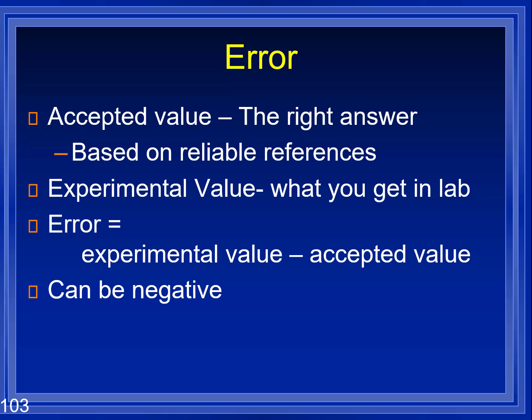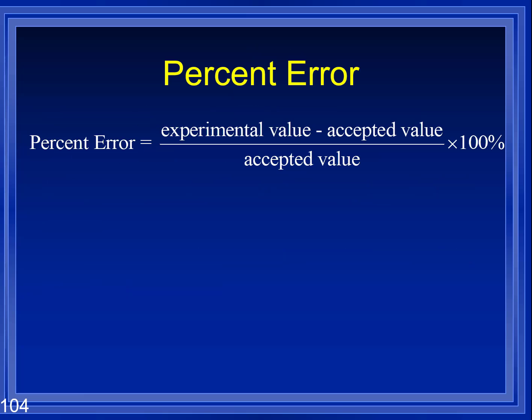Because if you're off by 2 grams out of 4, that's 50%. You're off by 2 out of 4, you're half off, right? But if you're off 2 grams out of 2 million, you got a little tiny error. So error by itself doesn't tell us very much. We need to compare it to the right value. And that is called percent error.